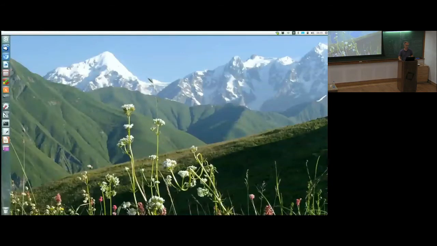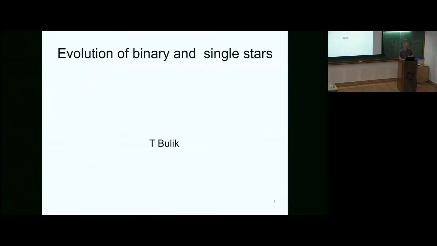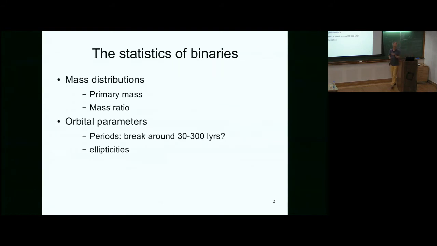So when we talk about binaries and the number of binaries, we want to know what the statistics of binaries are, what their mass distributions are, what their parameters are, what the typical masses of the stars are, and what their mass ratio is.